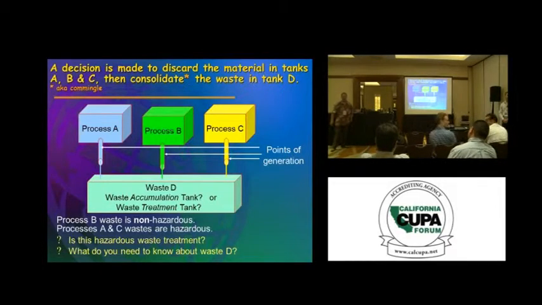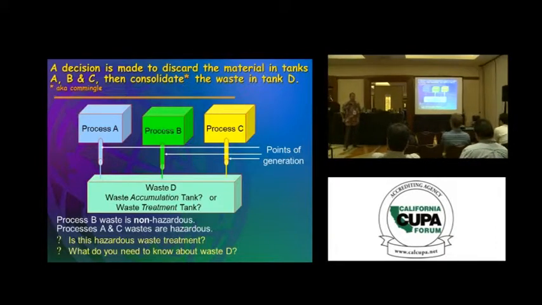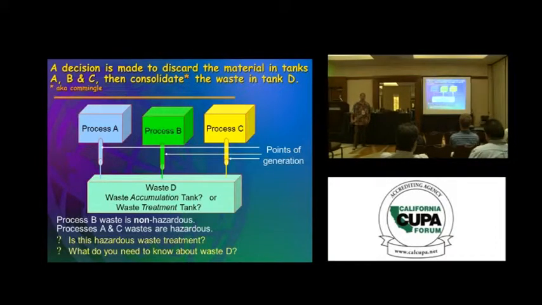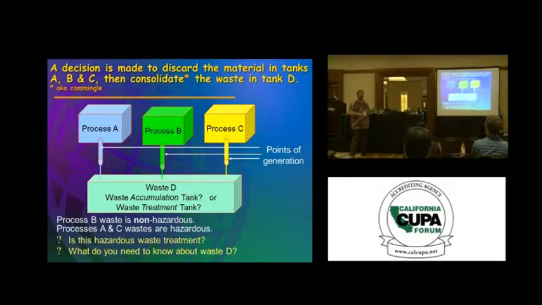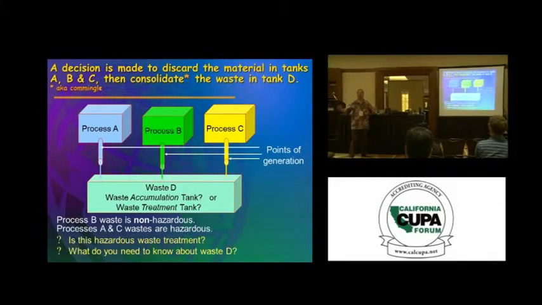It depends on what other process happens after. Oh, yeah, right. It could be an accumulation tank until they filter everything out. Right. And we're going to get to that when we start talking about treatment units. There may be three or four different treatment processes after that. So, is that one or more treatment units?